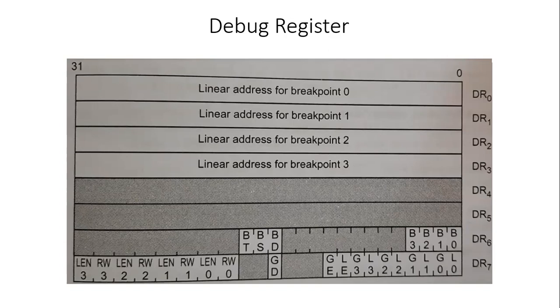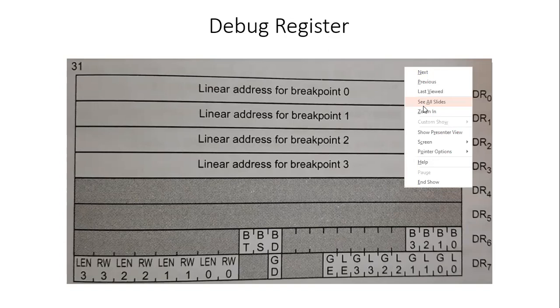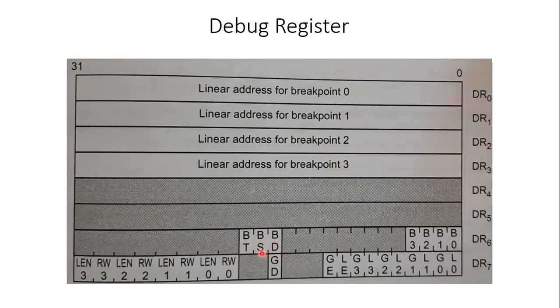BD, BS and BT are again breakpoint-related bits that help define different tasks. BD is break for debug register access, BS is break for single step, and BT is break for task switch. So different functionalities are provided by these bits.